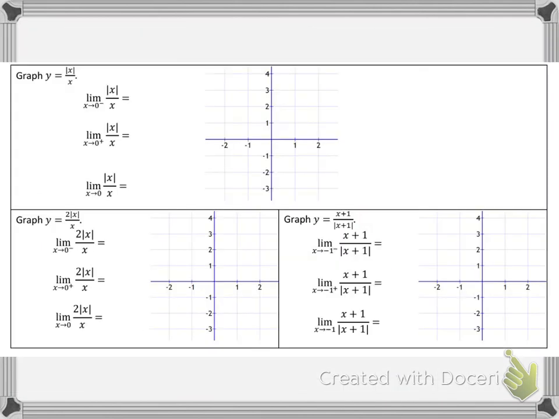Okay, the last little bit of our notes is this function here, which is called the sign function, S-I-G-N. The reason it's called the sign function is approaching 0 from the left-hand side, we have an output of -1. Approaching 0 on the right-hand side, we have a limit of +1.